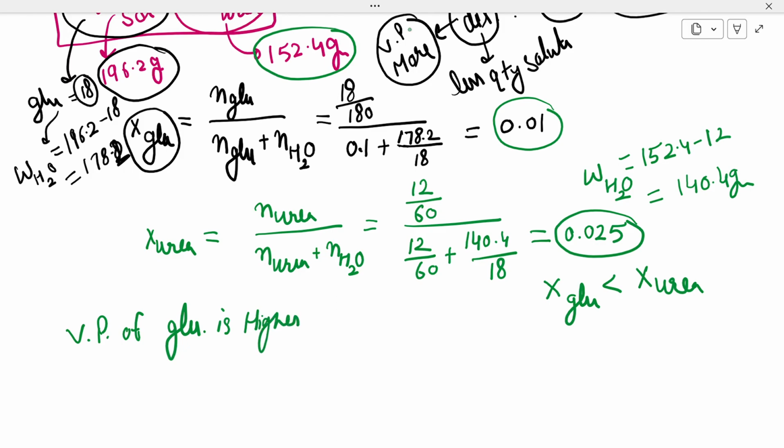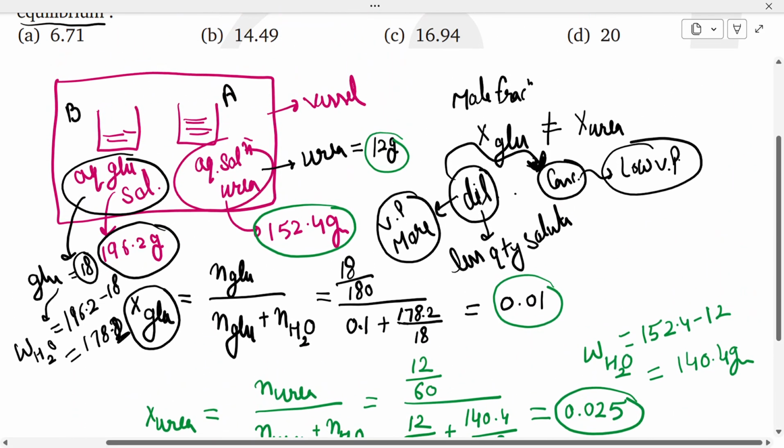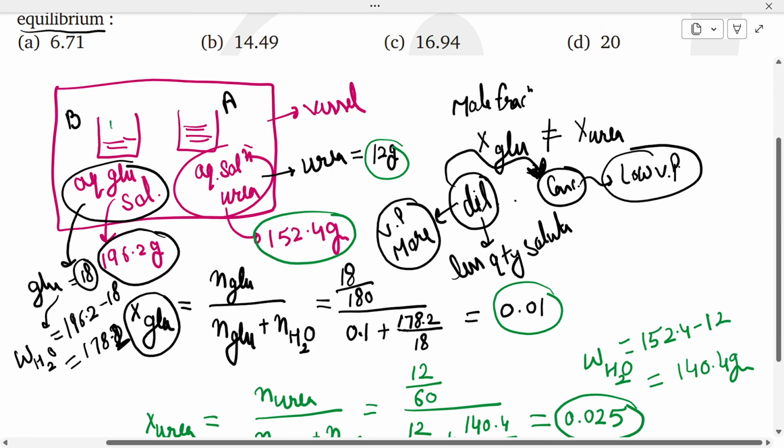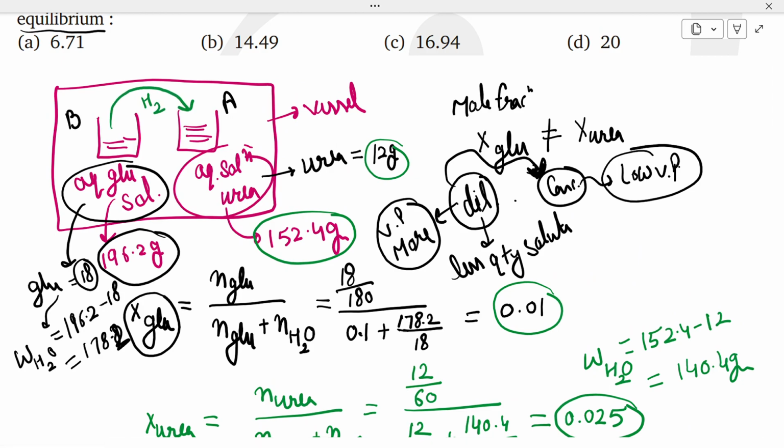So that's why the vapor pressure of glucose solution is higher than the vapor pressure of urea solution.